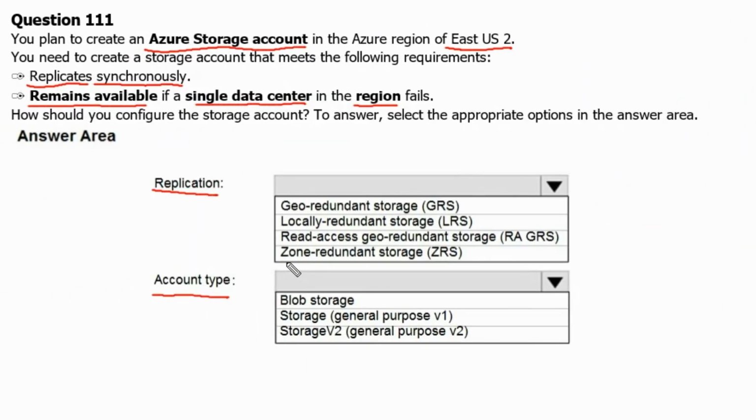From the diagram, we got to understand that zone redundant storage, or ZRS, replicates among the availability zones or multiple data centers synchronously. So this is one of our requirements which meets in ZRS. Second, if any single data center in the same region goes down, it will remain available on other 2 availability zones or the data centers.